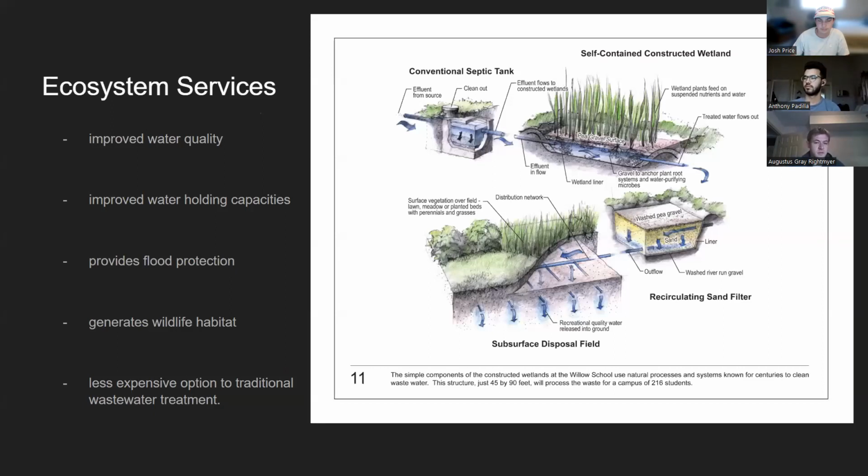Some ecosystem services that they provide are improved water quality, improved water holding capacities, flood protection potential, generating wildlife habitats, and overall just a less expensive option at the end of the day than traditional wastewater treatment.